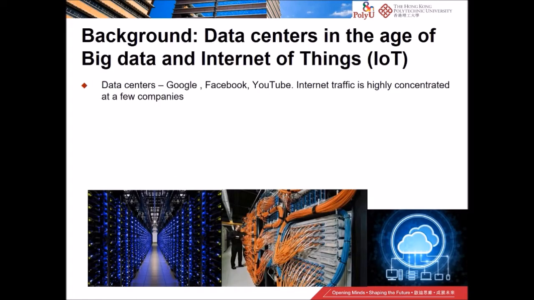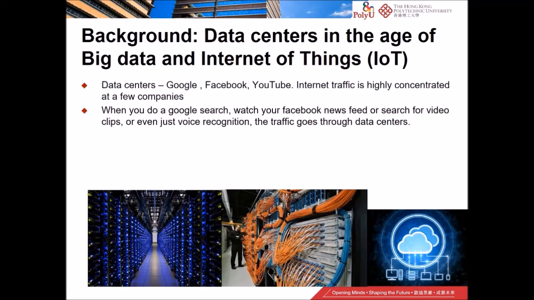When we talk about short reach optical communications, in these recent years, the application is mostly for data centers. So essentially, the collection of servers for big players like Google, Facebook, and these sort of companies. Because internet traffic is quite highly concentrated in these few companies, these few years.